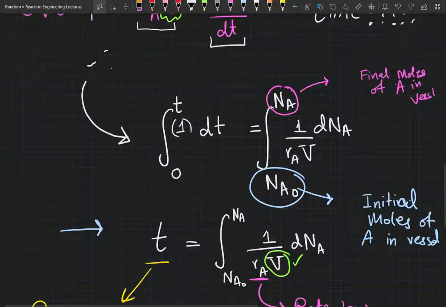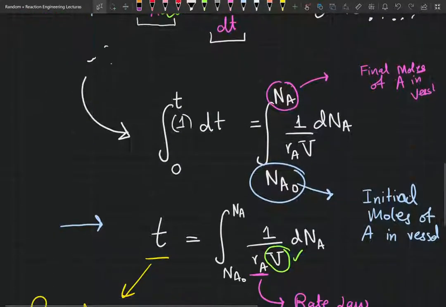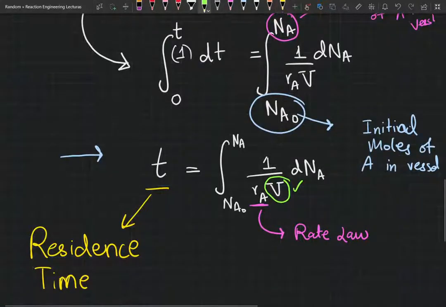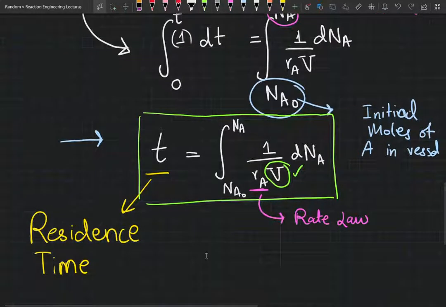So if you rearrange this differential equation by separating variables, you'll arrive at this second equation, which I'll call the design equation for a batch reactor, and you're solving for the time it needs to go from a certain initial value of moles to a certain final value. Given of course a mathematically friendly rate law expression that is integrable, and the value of volume.